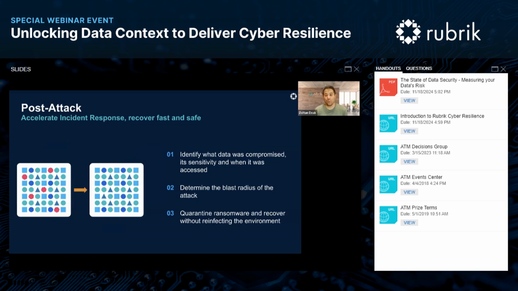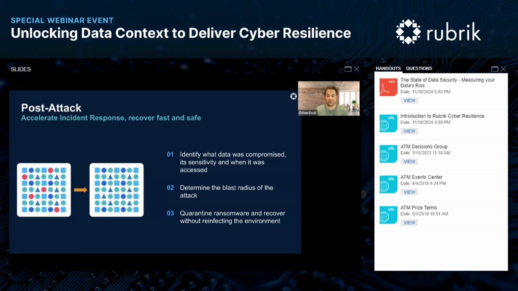We need to know when that data was compromised so we can understand what a safe recovery point is. So Rubrik's tools allow you to quickly identify those things and identify and quarantine any malicious files so we can prevent reinfection when we restore. And of course, we handle the orchestration of actually restoring clean data and systems.